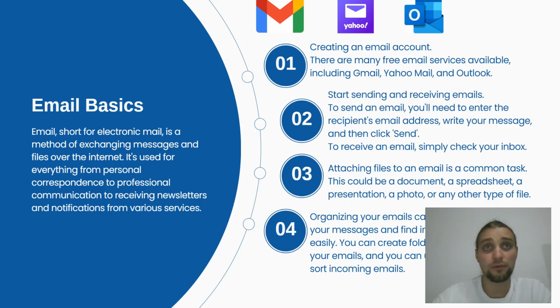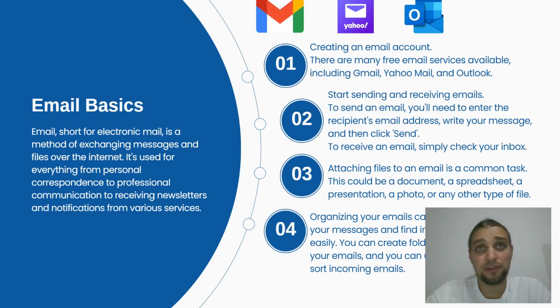Attaching files to an email is a common task. These could be a document or spreadsheet or presentation, a photo, or any other type of file. Look for a button or link that says attach or shows a paperclip icon. Organizing your emails can help you keep track of your messages and find important emails more easily.